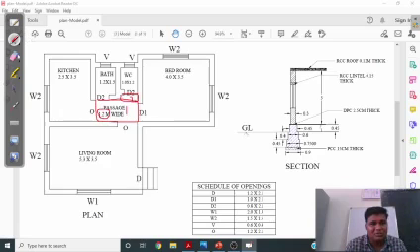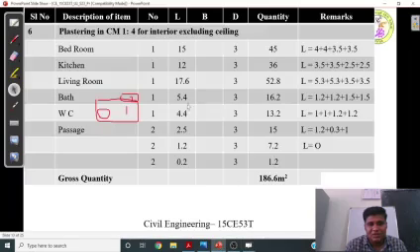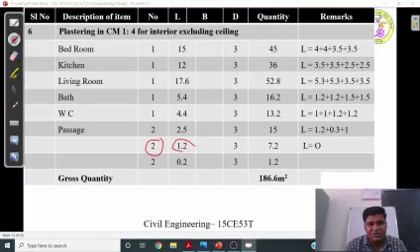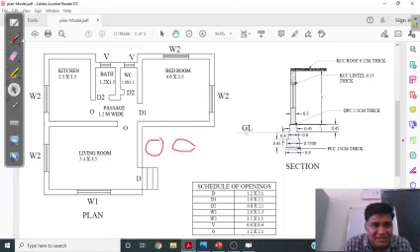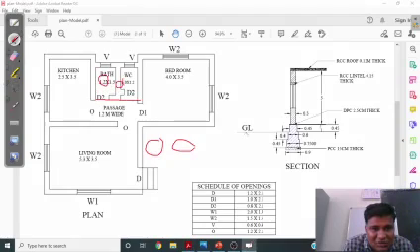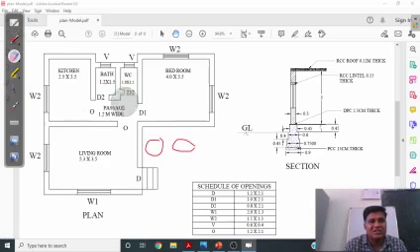So two numbers of 1.2, the passage width. Again, let us calculate the length from here to here. That is 1.2 plus 0.3 plus 1, that is 2.5 meters. That is also two numbers.